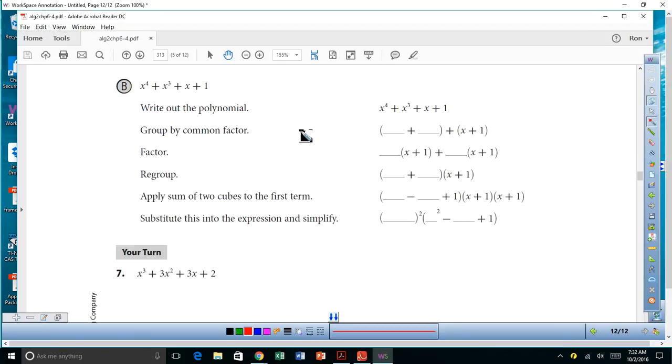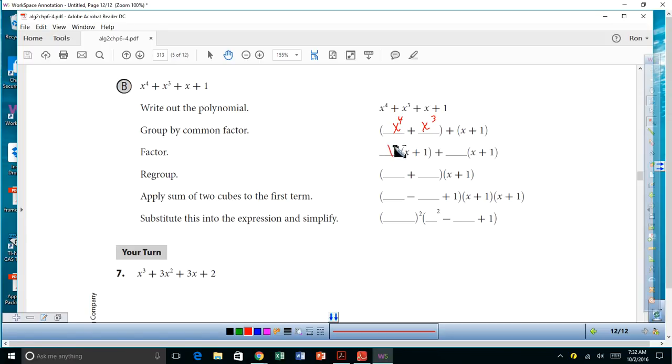Glad you're back. So if you look, you've got x to the 4th plus x to the 3rd plus x plus 1. And you notice the front two, they have a common factor. So we'll group those together, x to the 4th plus x to the 3rd. And then what can we factor out of here?